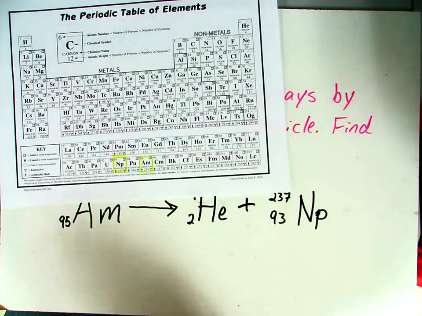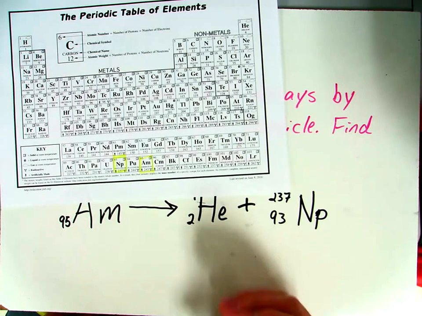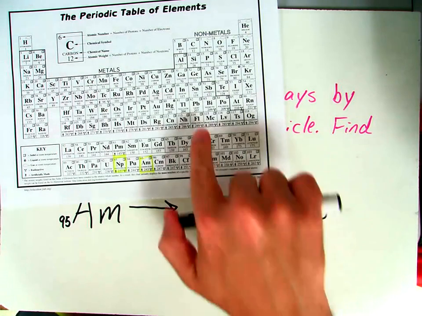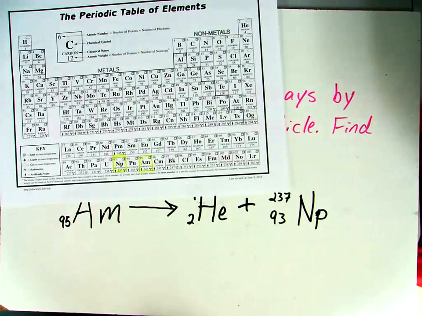So that's the decay chain. These things will keep decaying until they have an atomic number of 82 or less. Okay, so that is alpha decay.